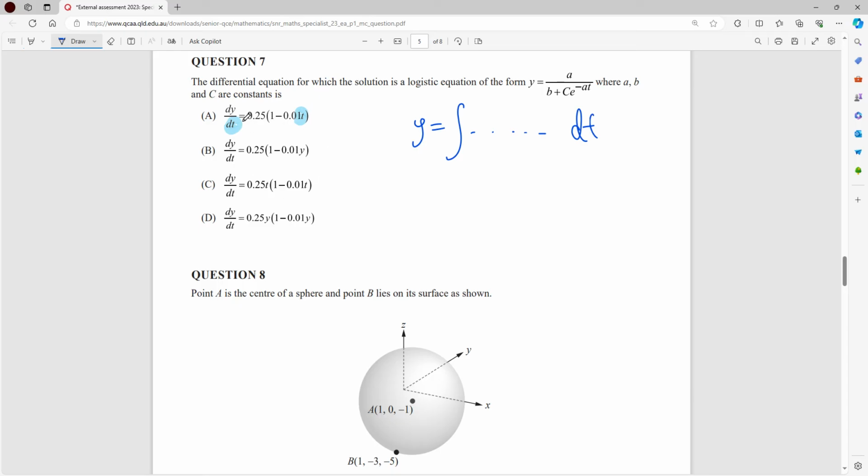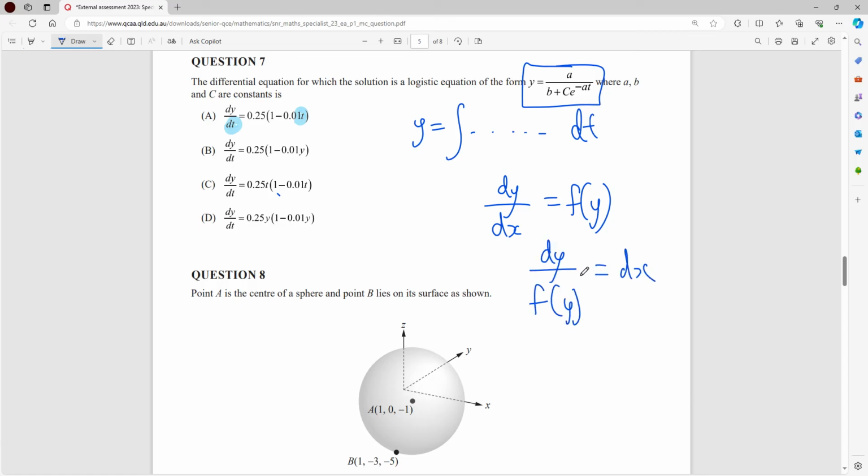This one here, you're looking for a differential equation where the variable you're not integrating with respect to is not over here, because you want to do a separation of variables to get this thing here. Because remember, with the logistic differential equation, you have dy/dx equals some function of y. So you can change it over here and then integrate it like that, okay?